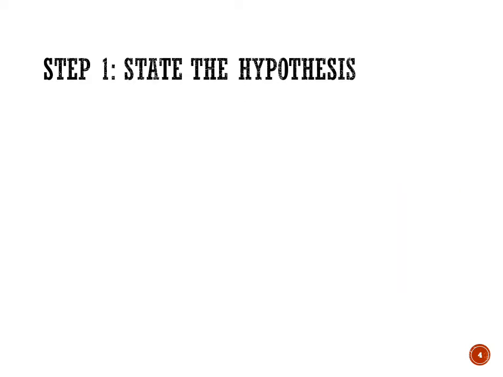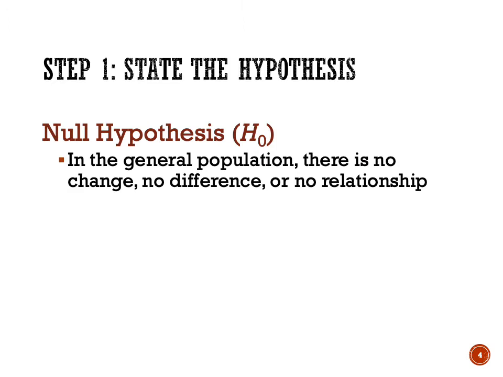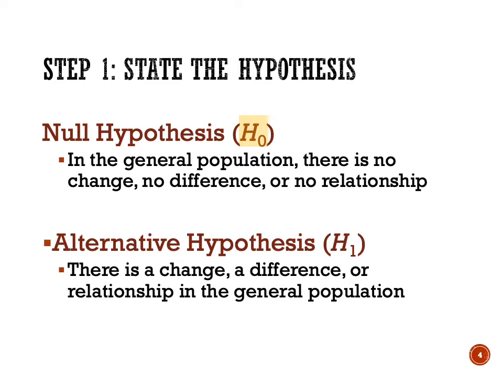All right, so step 1, remember the goal is to state the hypotheses. You're going to lay out 2. The null hypothesis, which is denoted by H sub 0, H with a subscript of 0. The null hypothesis is that there is no effect. There's no change, no difference, no relationship. You're basically saying nothing happened. And then the alternative hypothesis is the opposite.